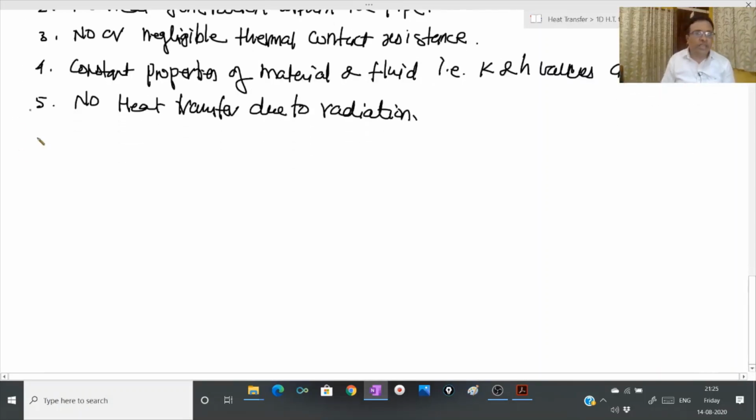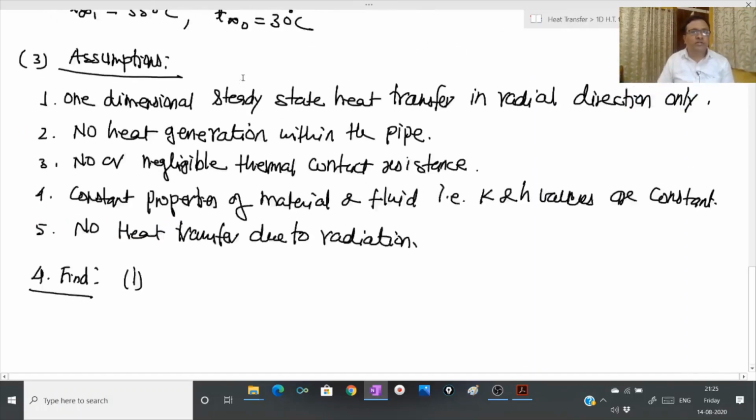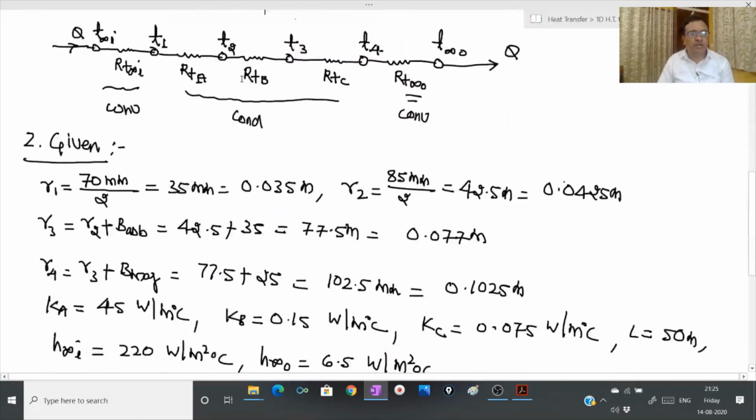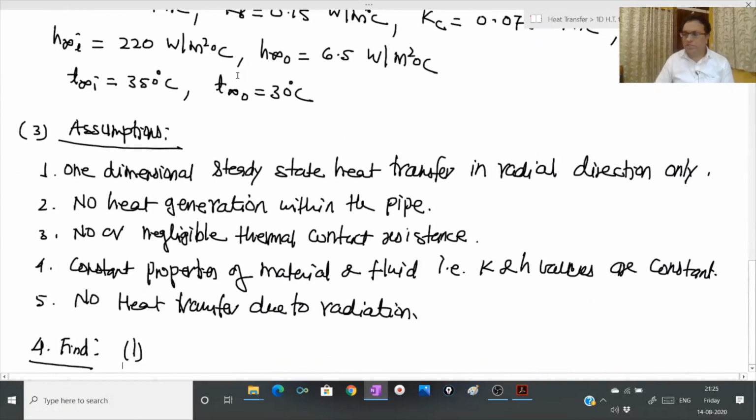Now let us enlist what is to be found out. The first thing we are supposed to find out is heat transfer rate. Second, overall heat transfer coefficient, and third one, temperature drops. So let us enlist them one by one.